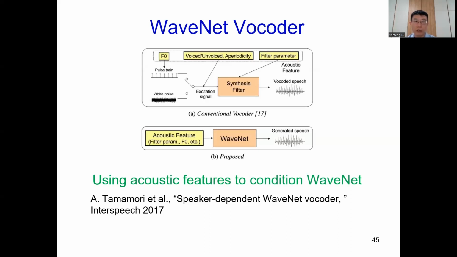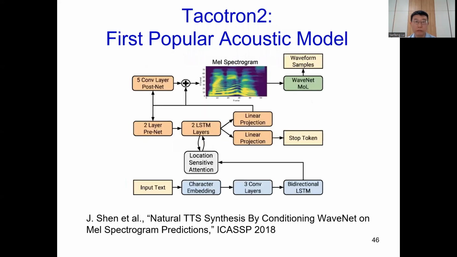So we have a WaveNet vocoder. This WaveNet vocoder was invented right after WaveNet in 2017.